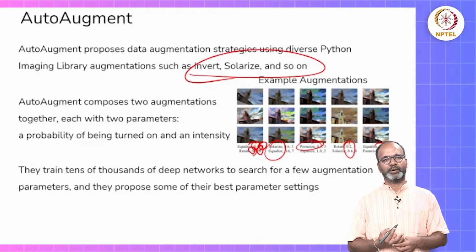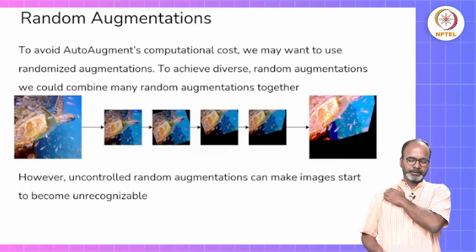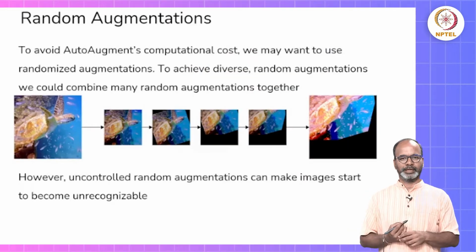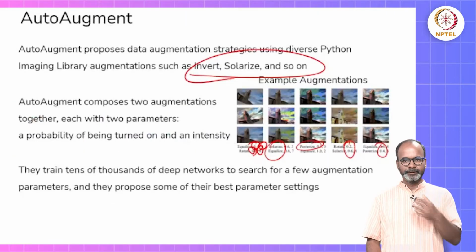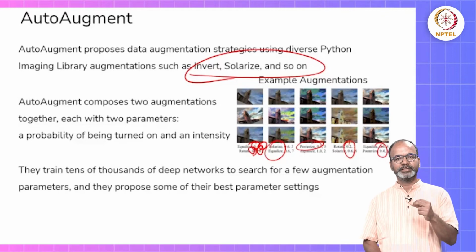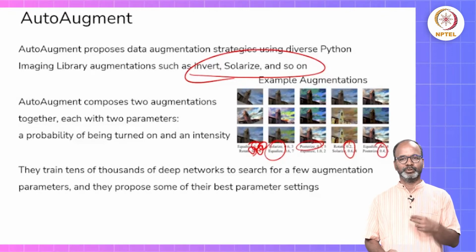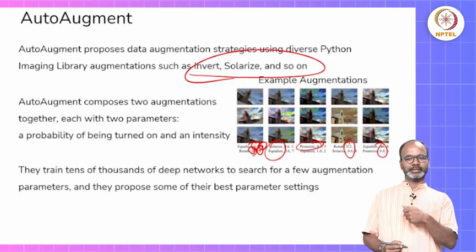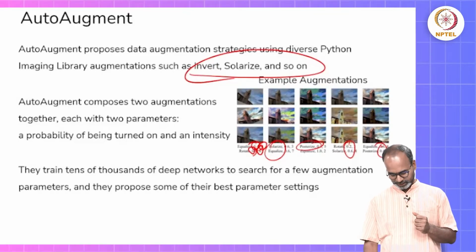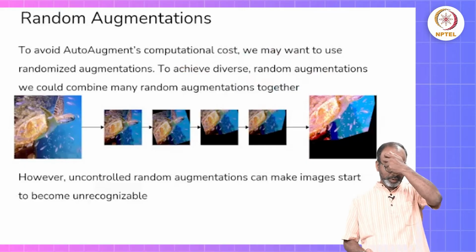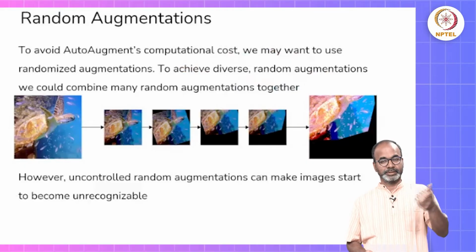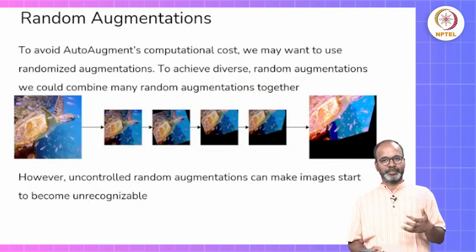Okay, that's AutoAugment. Here is the random augmentation. In the earlier idea, the augmentation method is decided, right? You decide that you want to do equalize, you decide that you want to do posterize. Whereas here, to avoid AutoAugment's computational cost, because if you have to do all of this, there's going to be computational cost.